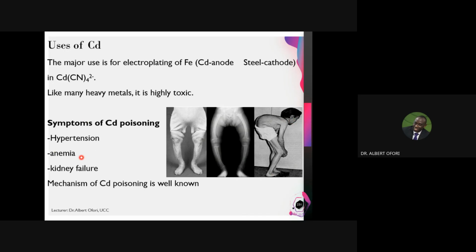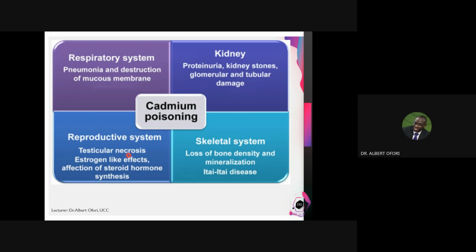So it's quite poisonous to our system, and we know the mechanisms involved. It affects your respiratory system, your reproductive system, your skeletal system, and then the kidney as well.